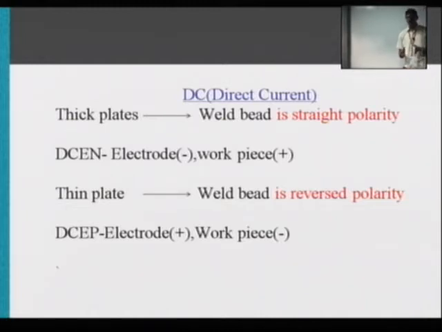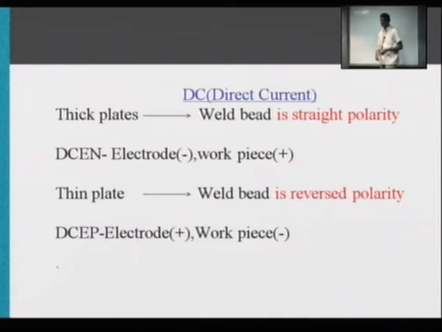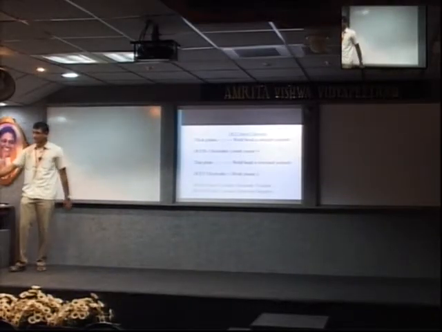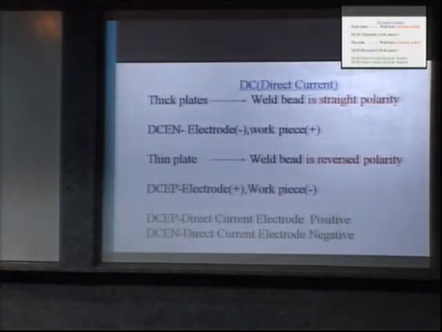Suppose your workpiece thickness is 5 mm, then you can use reverse polarity, that is DC EP, where the electrode is positive and the workpiece is negative, the reverse of the terminals. DC EP is direct current electrode positive and DC EN is direct current electrode negative.